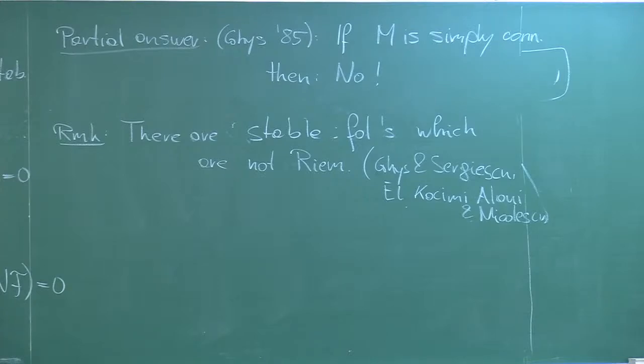You want the eigenvalues of the matrix to have certain properties with respect to the tangent generators of the foliation and the transverse generators. They then take the suspension foliation, and because of the special properties of the eigenvalues, they can show that it's not Riemannian, and they prove by hand that it's stable.